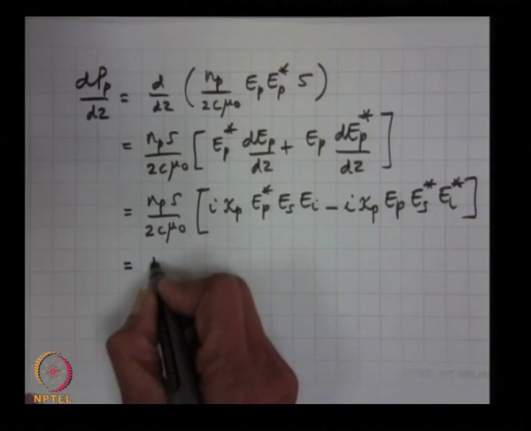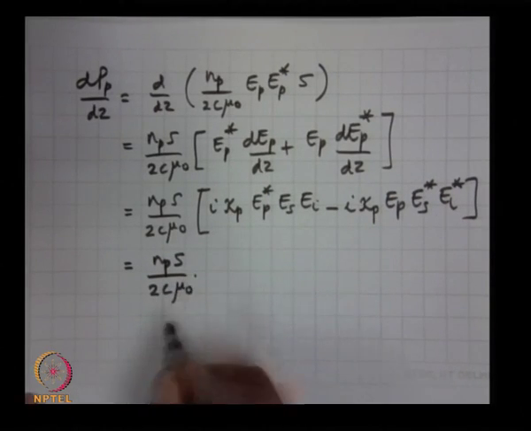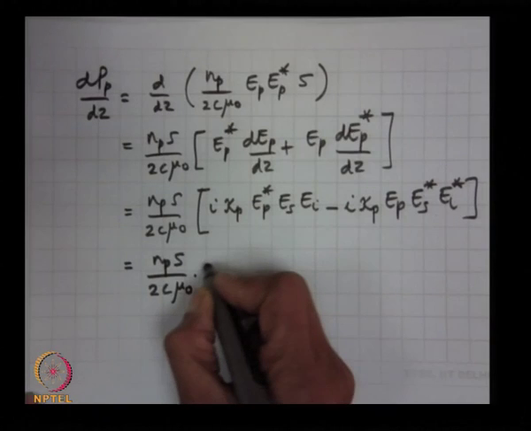So, I will have Np s by 2c mu 0. I can take i times kappa p outside.